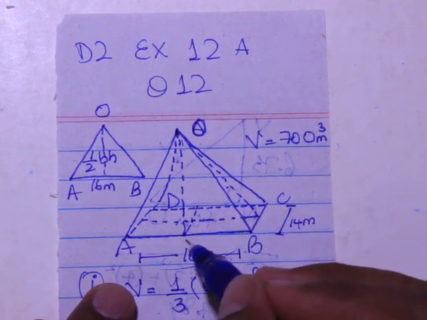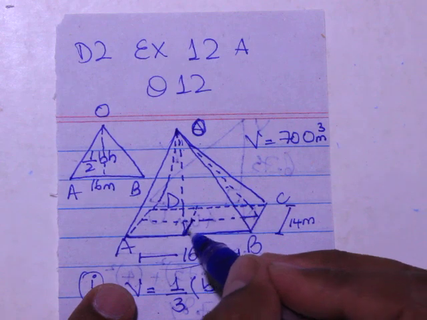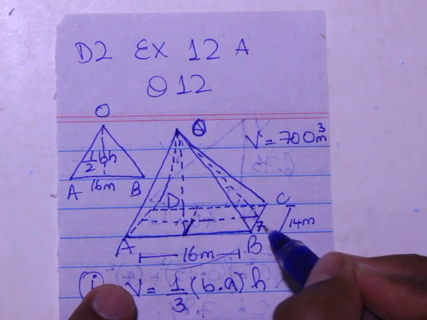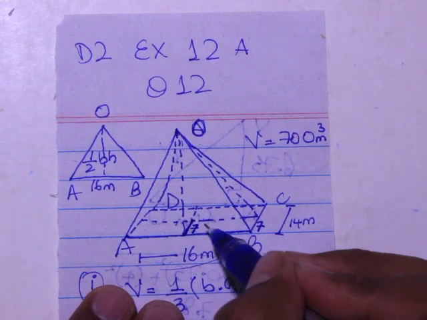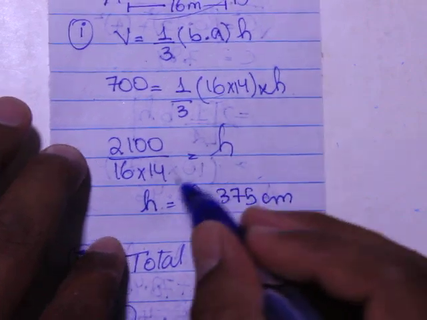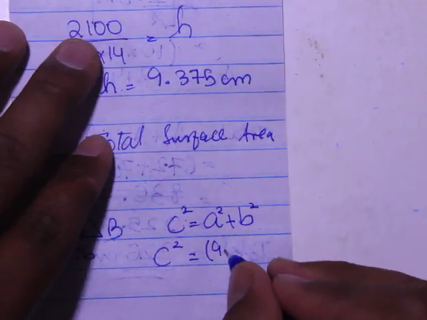We don't want 16, we want this side only, which is parallel to BC, and this is 14, so this is 7, half of 14, and we have found the height which is 9.375.